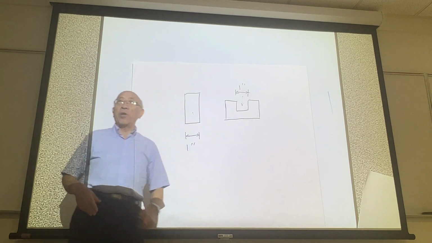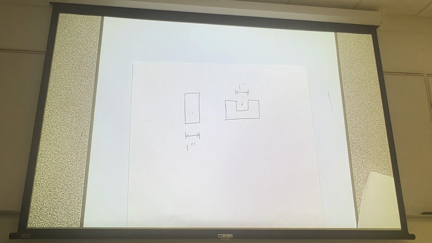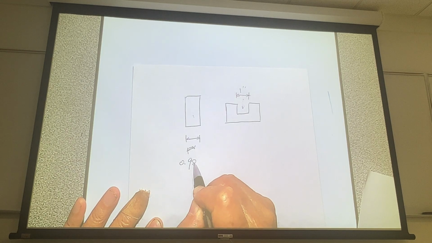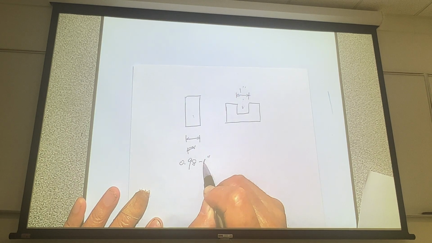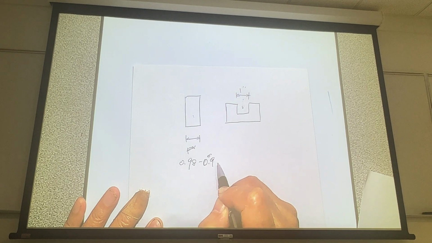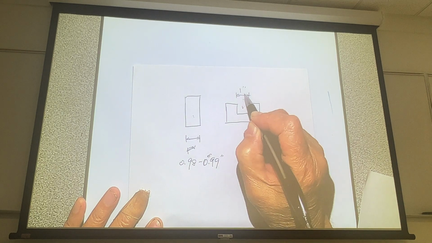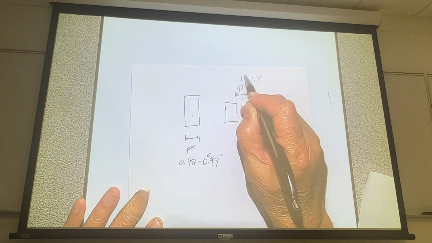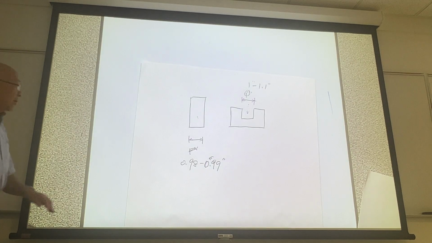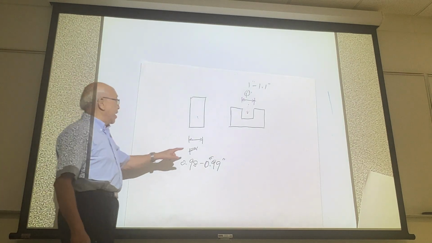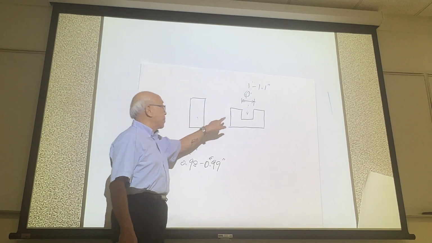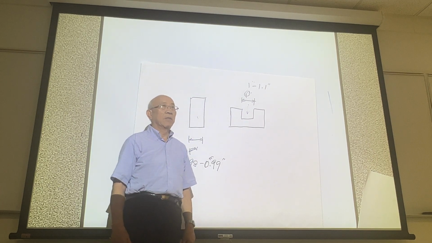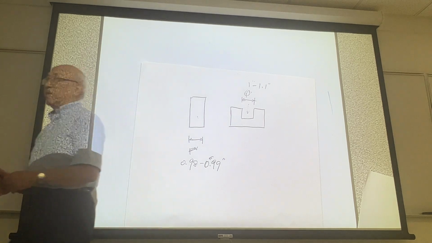Therefore, we use tolerance. We say this is 0.98 to 0.99 inch, and this is 1 to 1.1 inch. Then you guarantee this piece can be inserted into every one of these pieces. This is another purpose of tolerance.